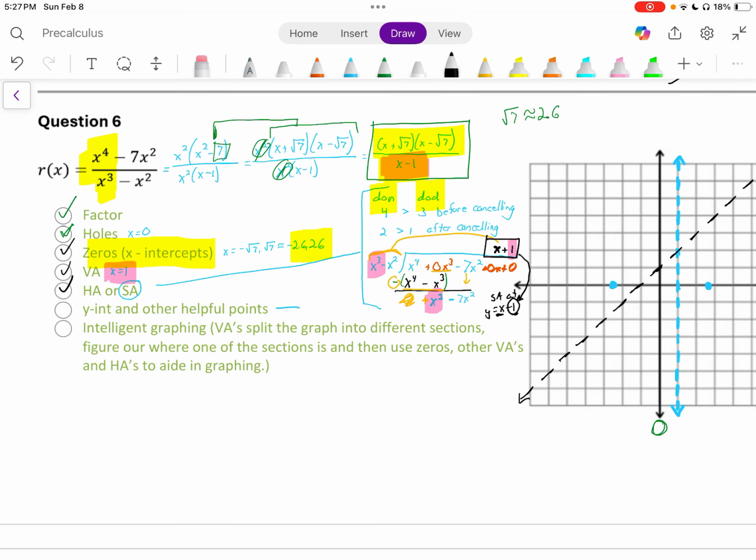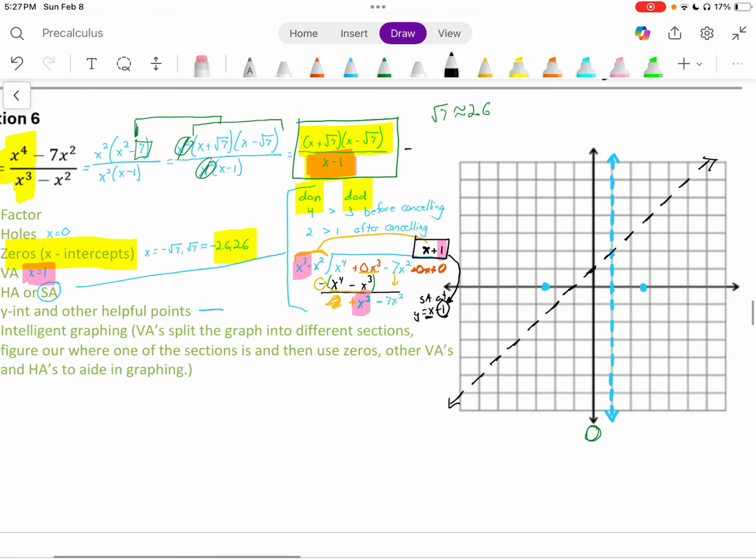Y-intercept and other helpful points. Y-intercept, plug in 0 for x. So over here we would have 0 plus root 7 times 0 minus root 7 over 0 minus 1.